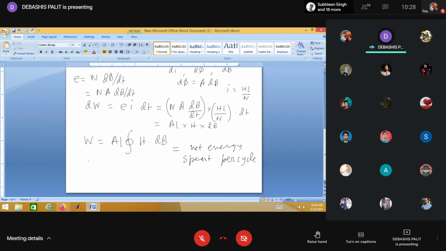So if you consider W by AL, then the total closed integral of this HdB is equal to the net energy spent per cycle per unit volume of the magnetic material.